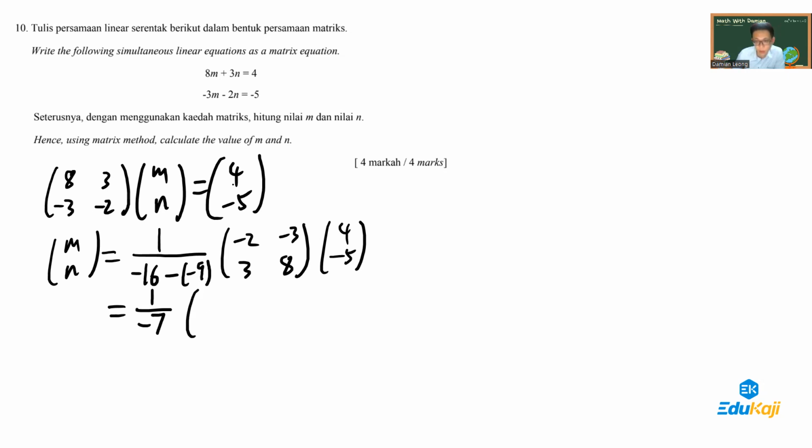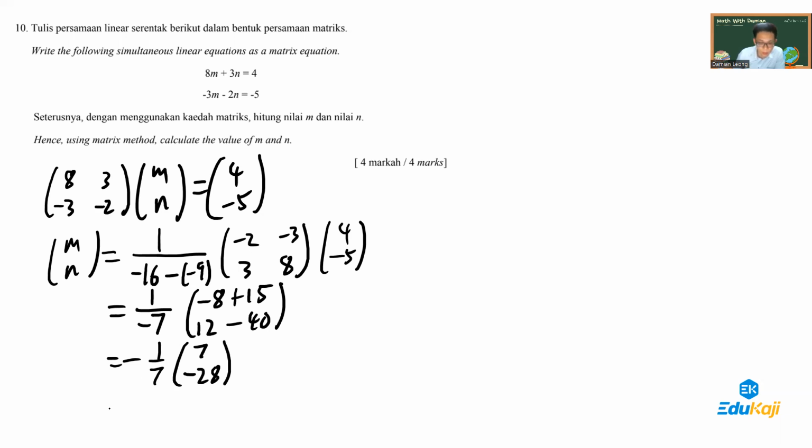Multiply these two matrices. -2 times 4 is -8, plus -3 times -5 is 15. 3 times 4 is 12, 8 times -5 is -40. So it's basically -1 over 7 times 7, -28.